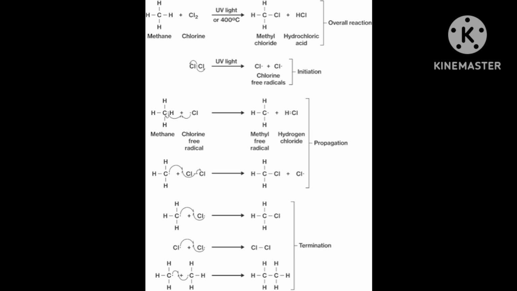Toluene plus X2, maybe Cl2, Br2, or I2, where X is F, Cl, Br, or I. This reaction takes place in the presence of iron chloride, iron in the third oxidation state, FeCl3, and in the dark, not in daylight.